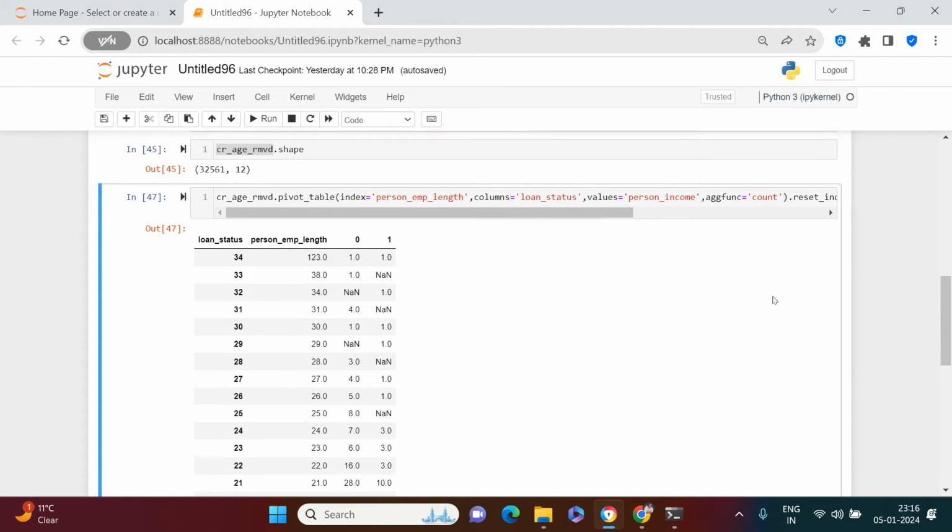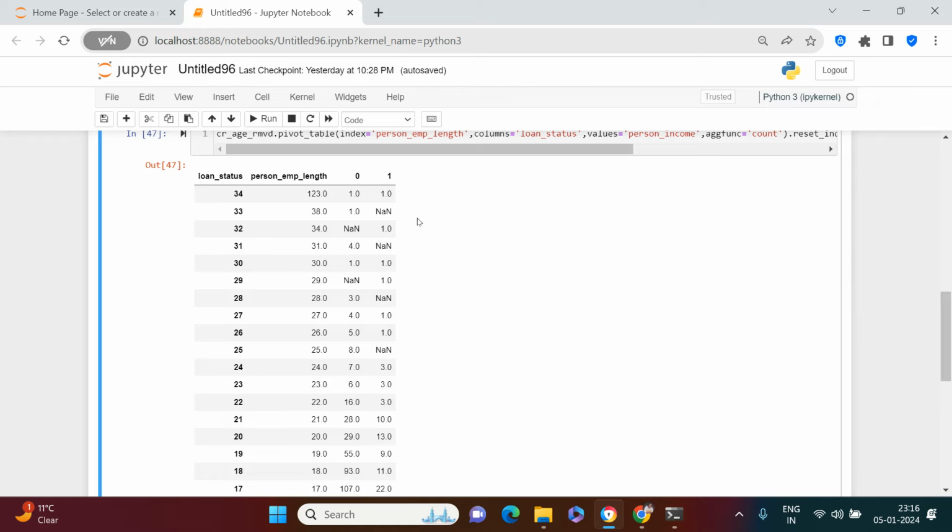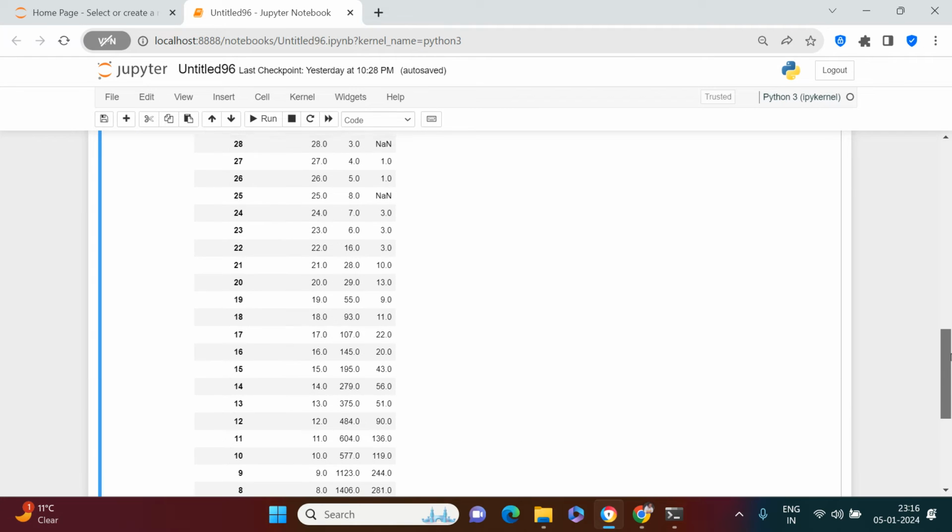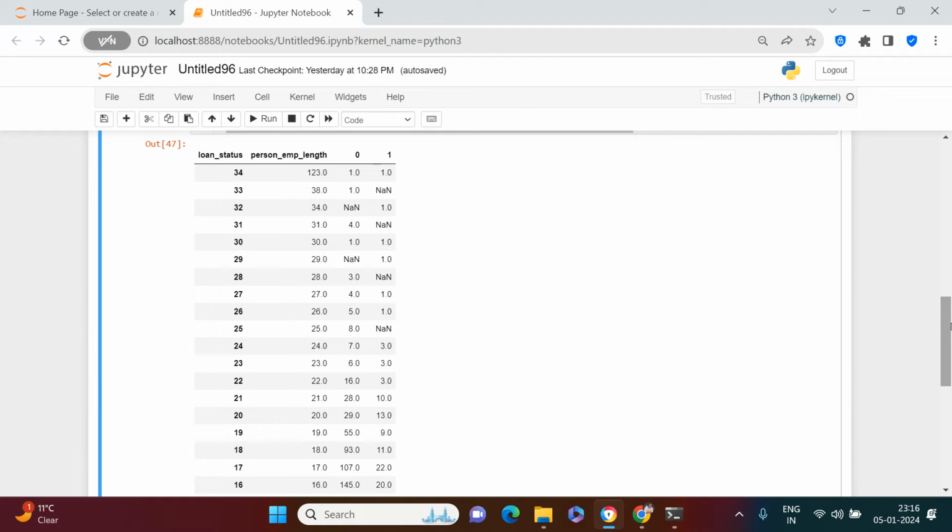Now coming back to the point, what we see is 123. There are two records with this. So what is the practical length of employment? Let's consider 18 years. Anyone is allowed to start their career at 18 years, right? And by 65 they generally get retirement.